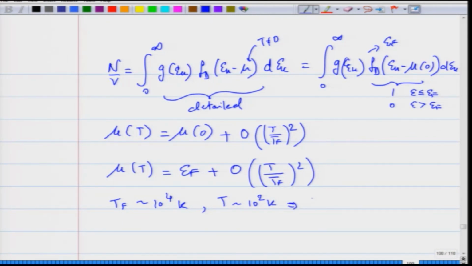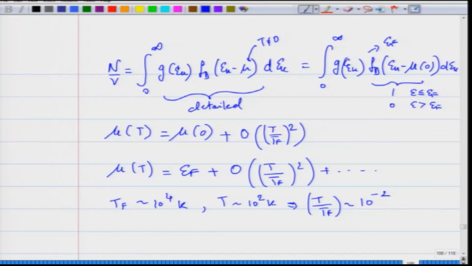Even then the T by Tf is just 10 raised to minus 2. Of course, there are higher order corrections, but this is the leading order term. You will get T by Tf the whole square, and then there are higher order corrections.